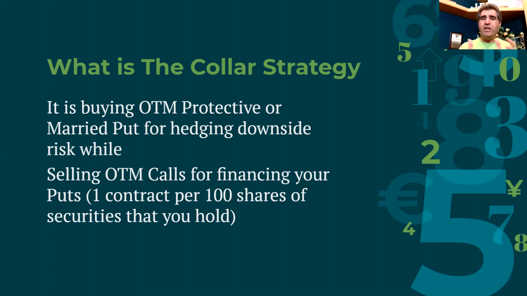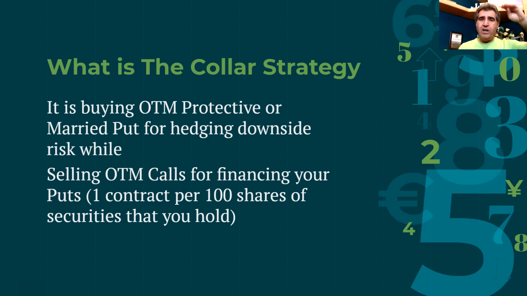So we got our protection, but we also want to sell an out of the money call, because we want to finance it. If I just bought a naked put and paid that premium, and I'm going to do this every 2 months, or every 3 months, or every 5 months, it adds up.